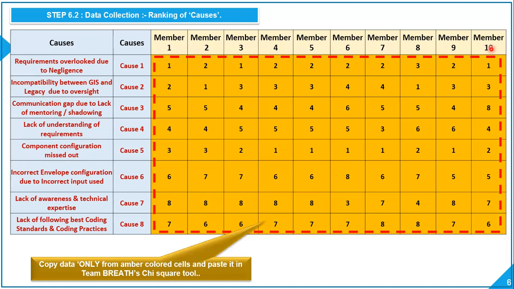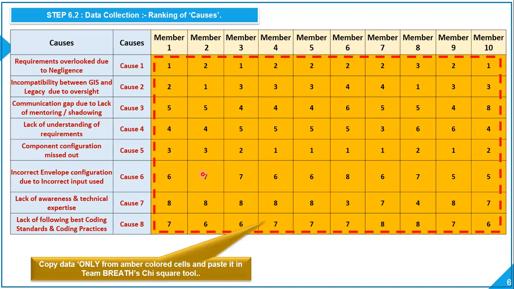So now we have a team of 10 members, and we ask each of the members to rank these 8 different causes, but rank individually without taking help from any other members. So it's not with consensus, or with discussion. They have to rank individually. So there is a possibility that there are differences between their rankings. There's definitely a possibility of it.